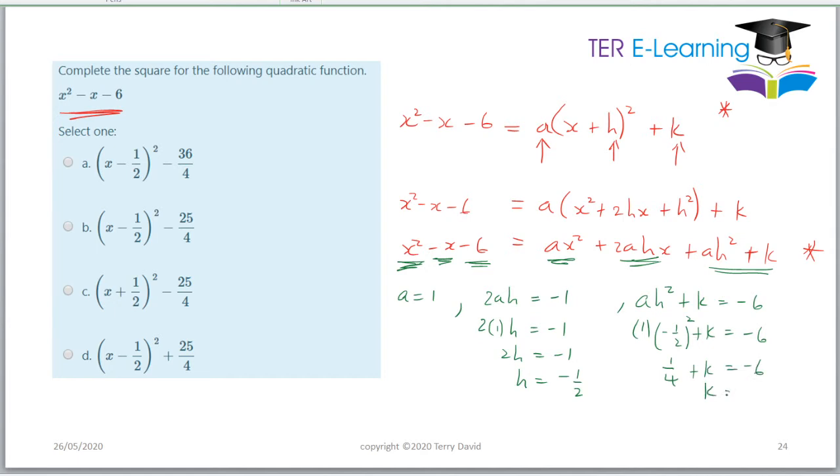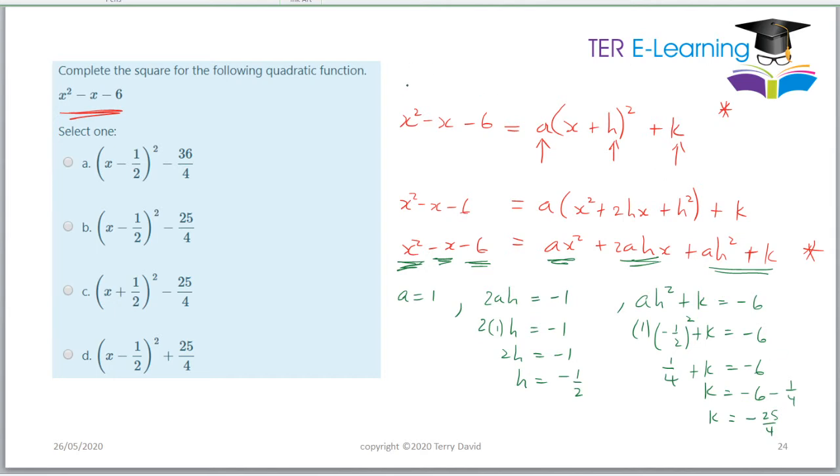Therefore k is equal to minus 6 minus a quarter, which gives minus 6 and a quarter. As an improper fraction, 6 times 4 is 24, plus 1, so this is minus 25 over 4.